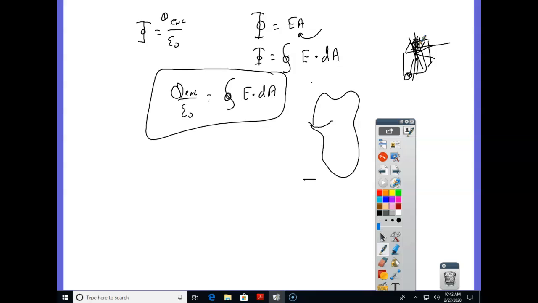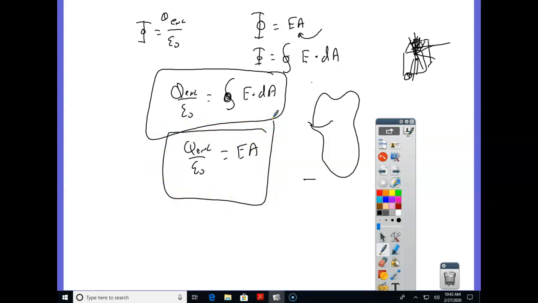That means I'm going to pick a shape where the electric field for every place on that shape is the same. If it's the same, I don't need to integrate it, right? So therefore, I'm going to completely enclose it. I'm going to pick something symmetric so the electric field is always the same. And so the next line is always going to be, if you can calculate it, this.